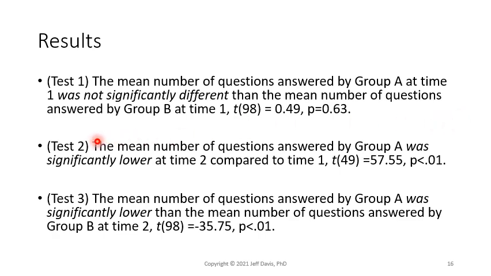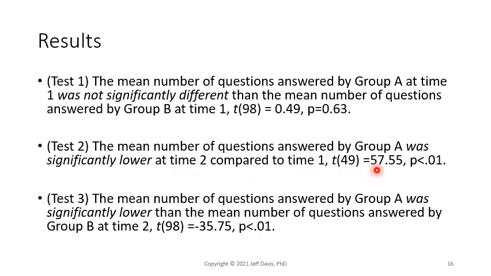So for test 2, here's where we're comparing Group A at time 1 to Group A at time 2. And again, we expect that Group A at time 2 is going to have a lower mean than Group A at time 1. So here we say the mean number of questions answered by Group A was significantly lower at time 2 compared to time 1.